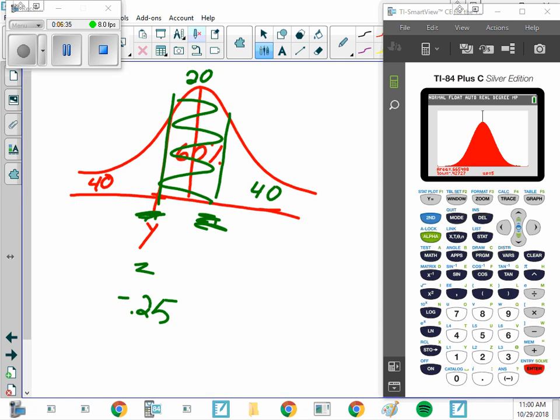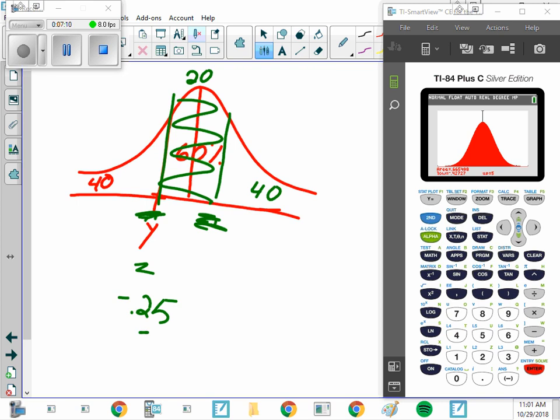Okay, what does that tell me? 60% of the men had leg measurements that are 1/4 SD below average or more. Does that make sense?